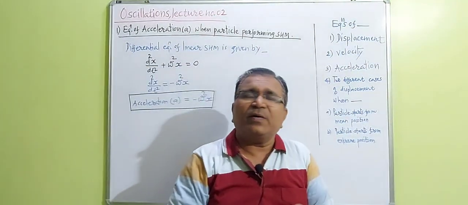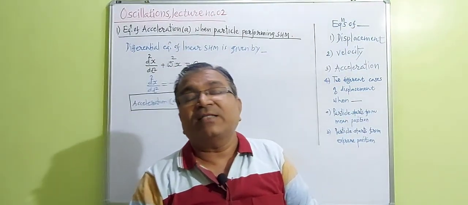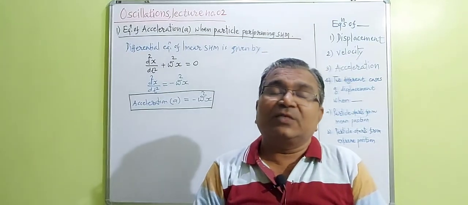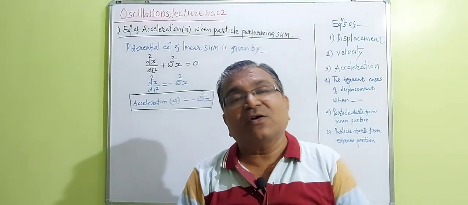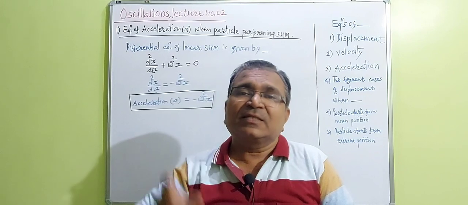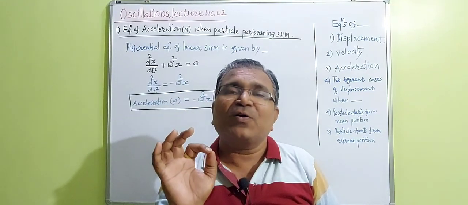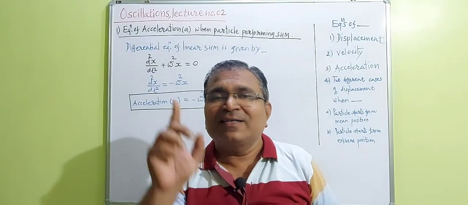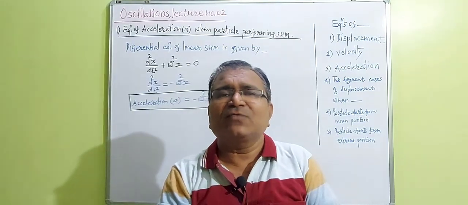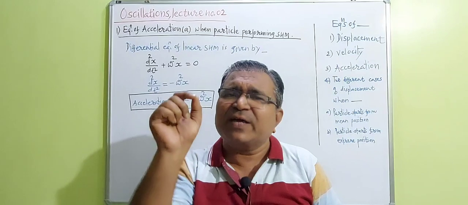We have to remember this any time while solving different numericals, as long as oscillation is concerned: for a particle performing SHM, acceleration is given by d2x by dt square is equal to minus omega square x.